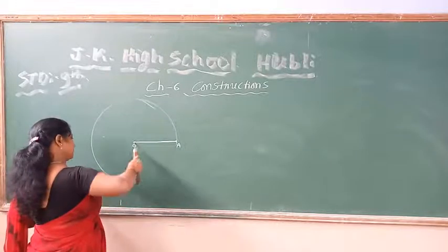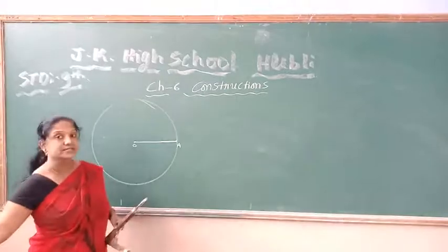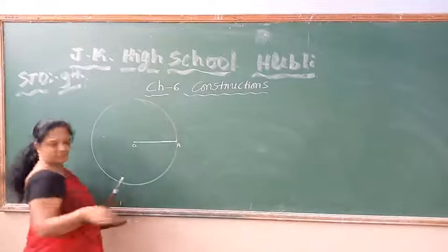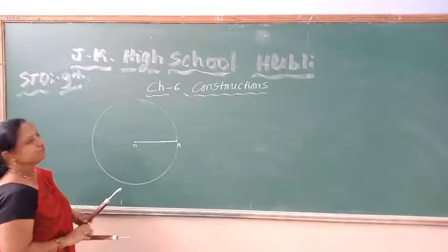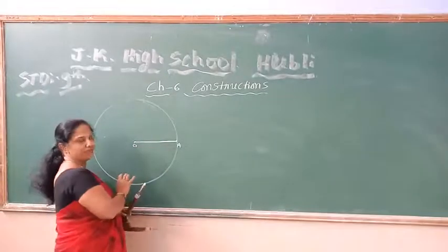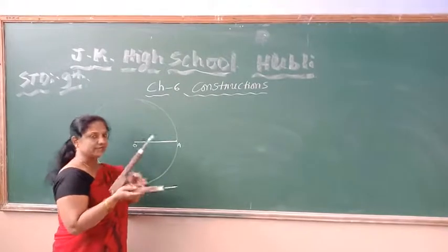If I construct a circle, the angle at the center of the circle is 360 degrees. We know the angle at the center is 360 degrees. So without using a protractor, I have to construct 60 degrees at the starting point of this given ray. You should not change the radius.